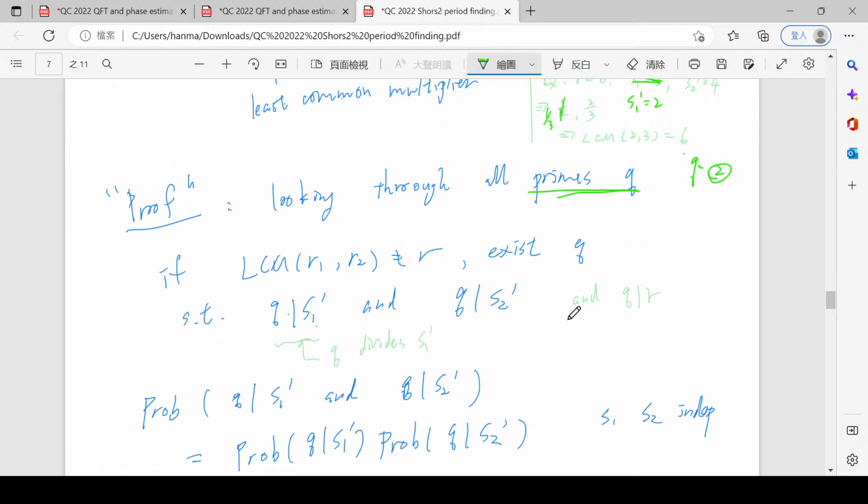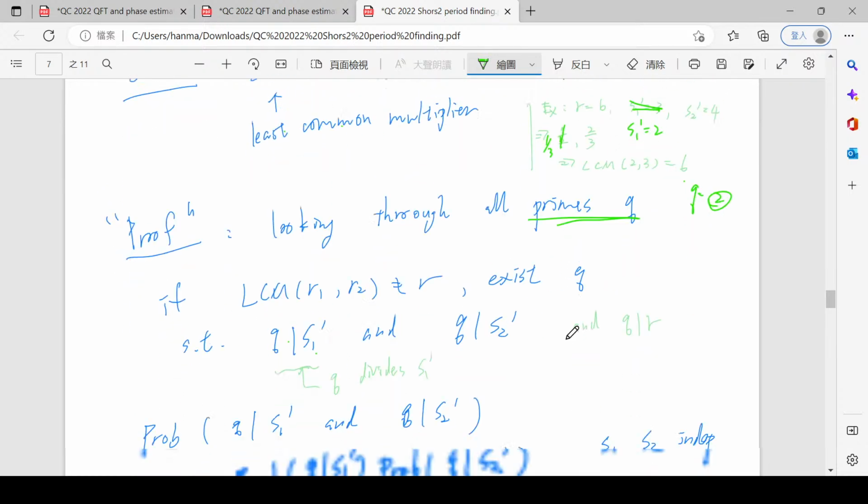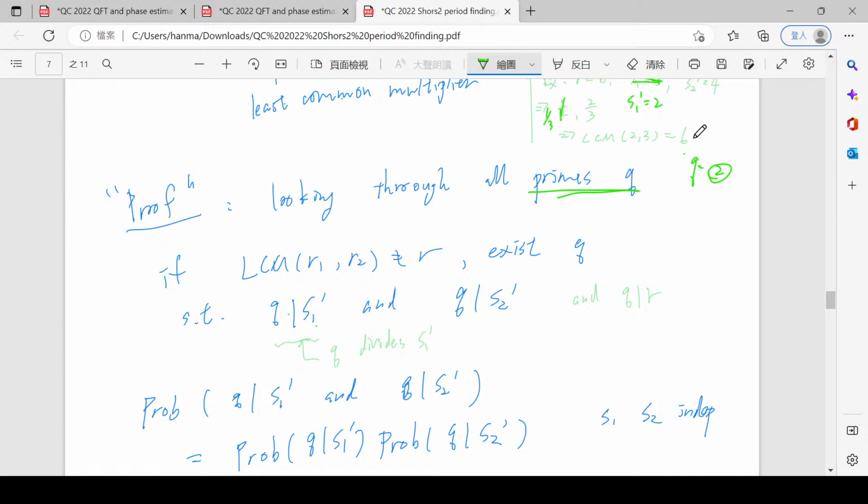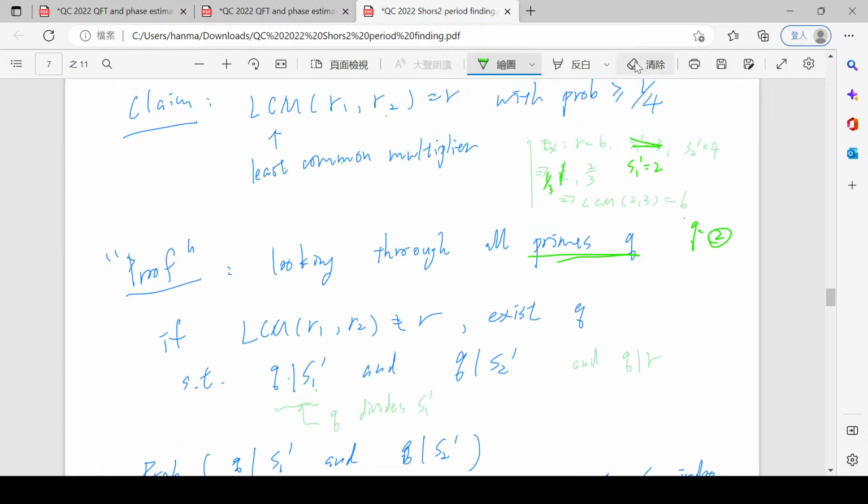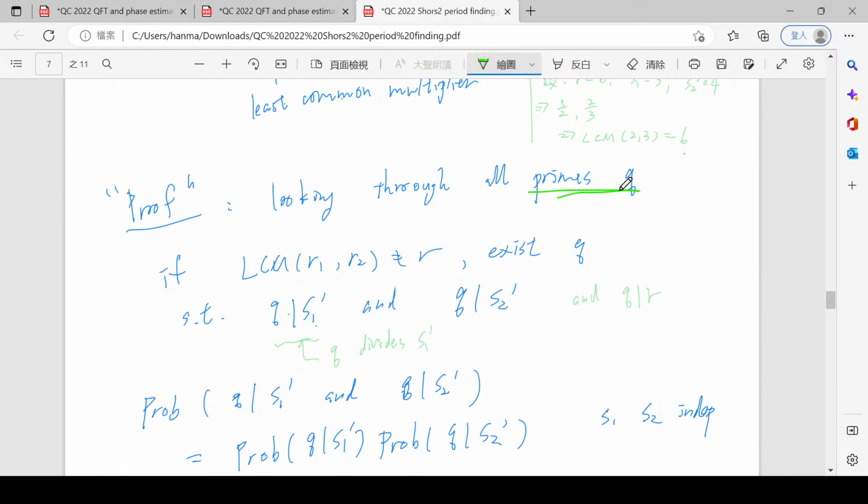So I'm saying that this is sufficient, and you can convince yourself that this is also necessary, by being a little lazy in your proof. So if the bad thing happens, there must be one of those bad Q.